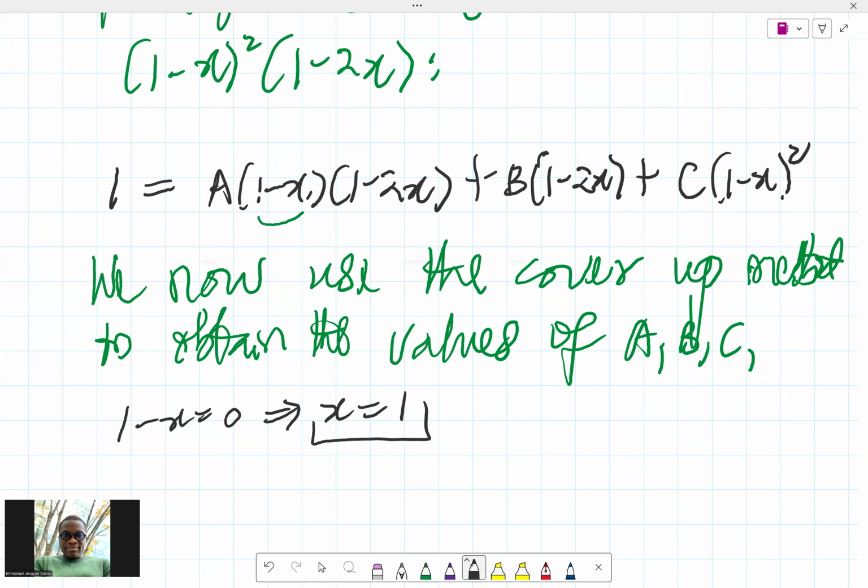If you set x to be equal to 1, you're going to cancel out some terms so you can get another term.